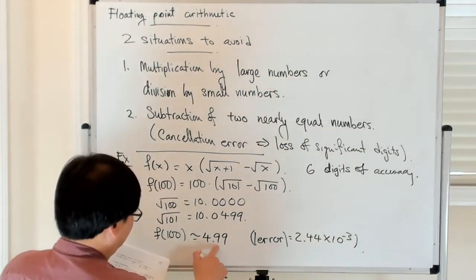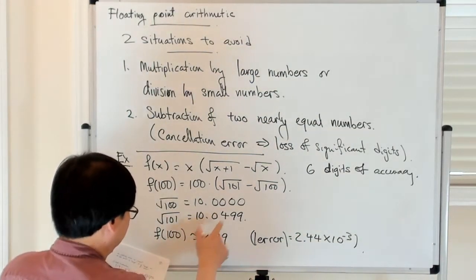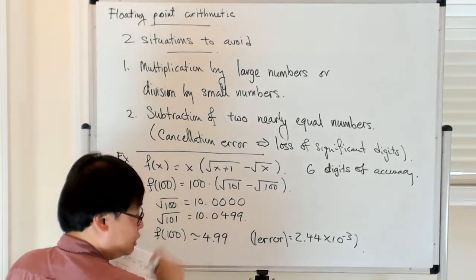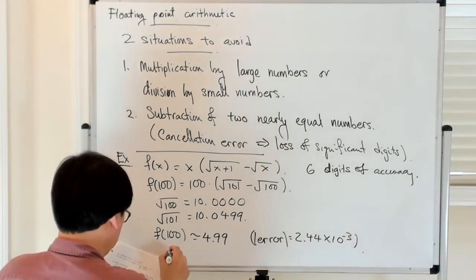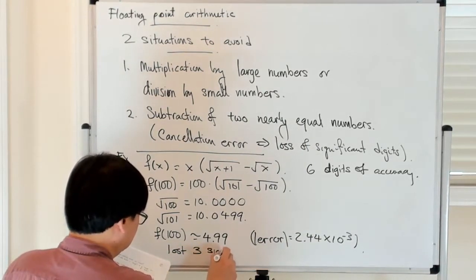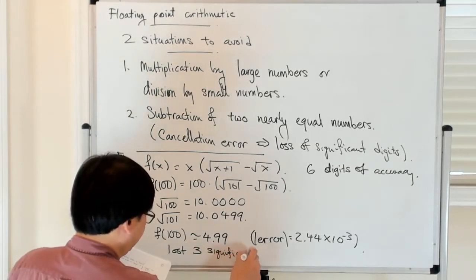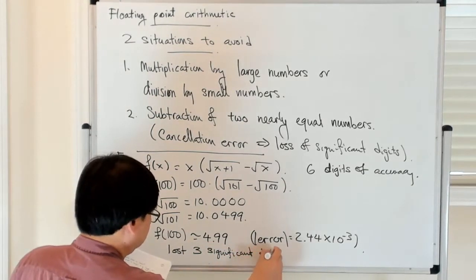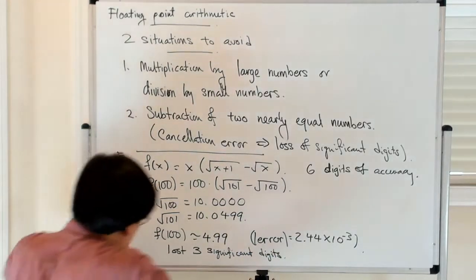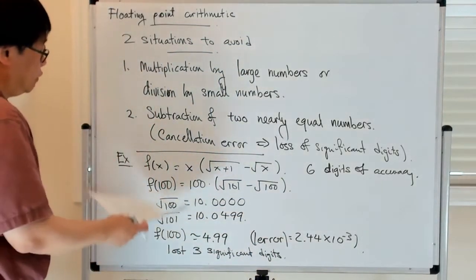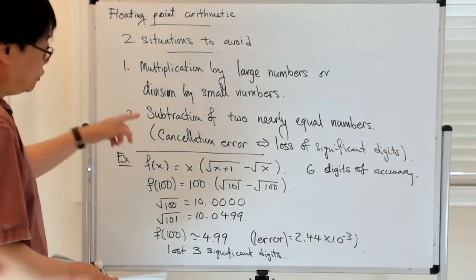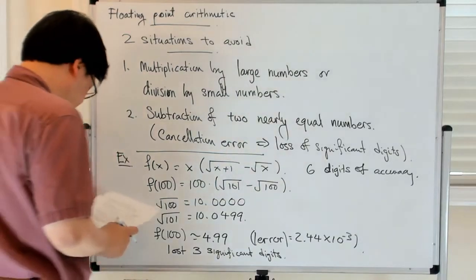So basically what's happened is that you've lost 3 significant digits, because when you take this difference, only these 3 digits are significant. So how can I reformulate this to avoid this kind of subtraction or cancellation error?